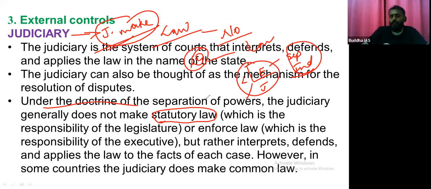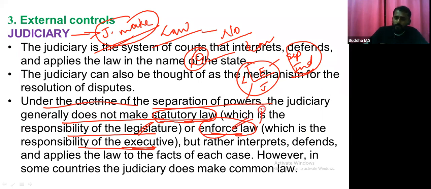So, generally, courts won't make any law. Under the doctrine of separation of powers, the judiciary generally does not make statutory law, which is the responsibility of the legislature. At the same time, the judiciary does not enforce the law, which is the responsibility of the executive. It is the executive who enforces and executes the laws.